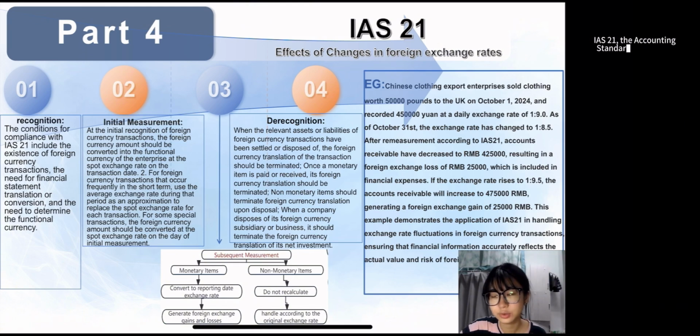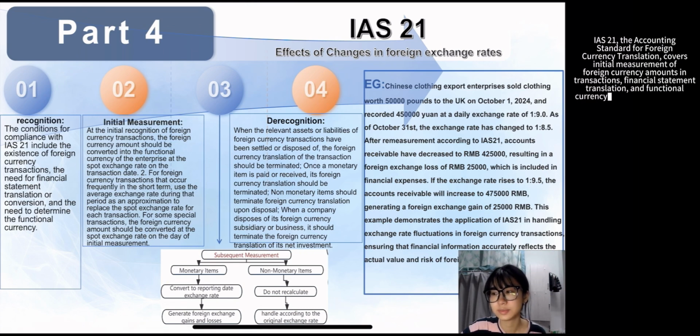Next, IAS 21, the accounting standard for foreign currency translation, covers the measurement of foreign currency amounts in transactions, financial statement translation, and functional currency determination.